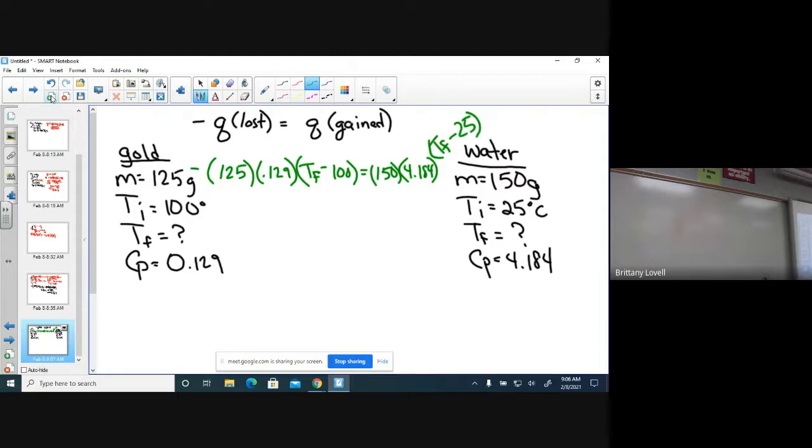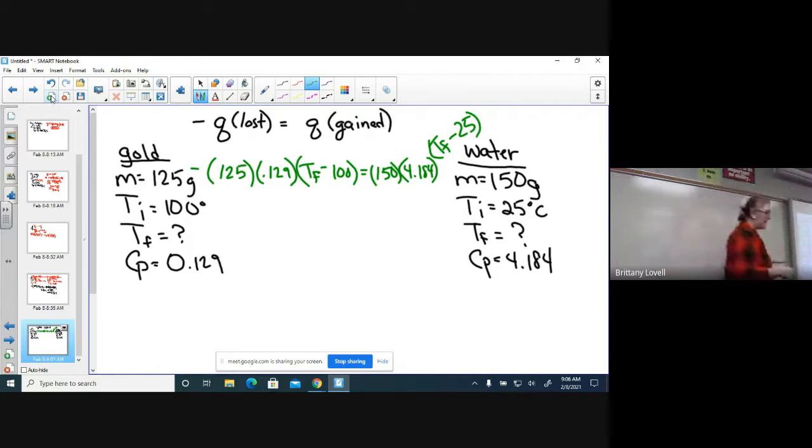So what I told the kids earlier in first hour was, now it just becomes a question of can we do algebra? Let's remember how to do an equation like this. I would combine like terms and multiply the numbers that I can together.